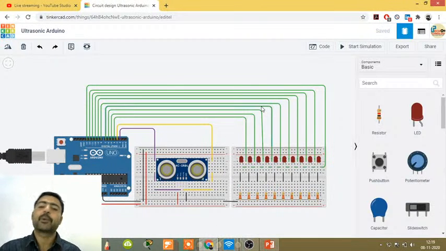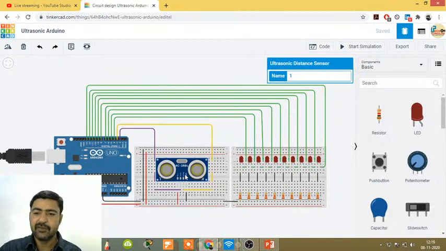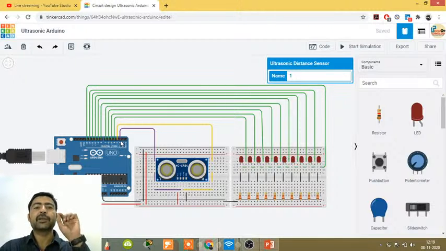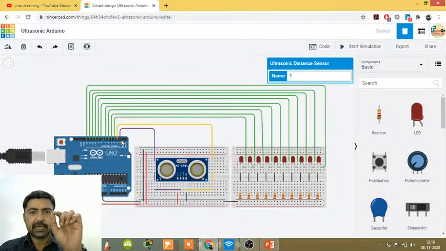Now coming to the project, what we have done here: we have used one ultrasonic sensor which is connected to 5 volt and ground, and the trigger pin is connected to pin number 2, and the echo pin is connected to pin number 3. Pin number 2 is an output pin of Arduino, because Arduino needs to send a signal to the ultrasonic sensor.